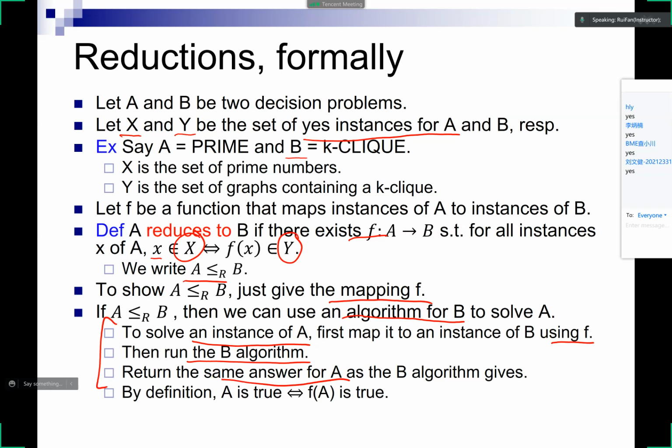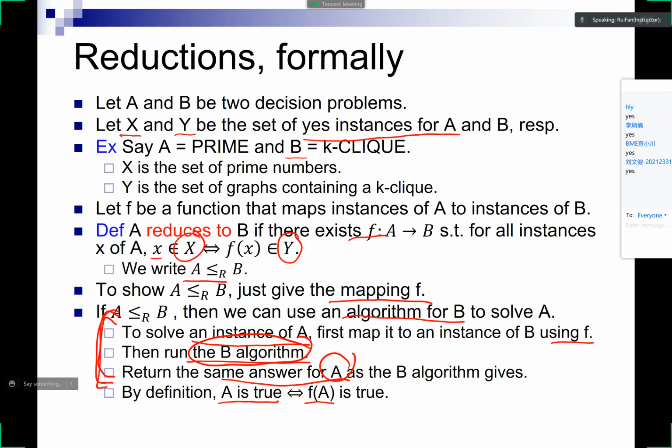Because if we start with a yes instance of A, then after the mapping f we get a yes instance of B. When you run the B algorithm, it returns yes, because you have a yes instance of B, and then we return the same answer for A. So whenever you have a yes instance of A, we return yes using this composite algorithm.